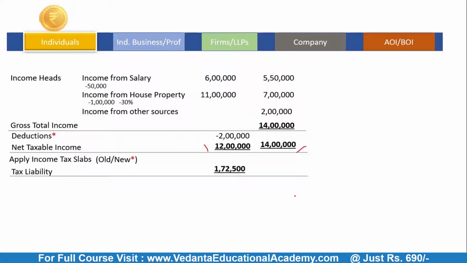So you can see that the total tax liability as per the old tax regime is 1,72,500 and 1,62,500 is the tax liability as per the new income tax slab system. On the total tax liability, you can utilize the tax relaxation under section 87A only when the total income of the person is less than 5 lakhs.